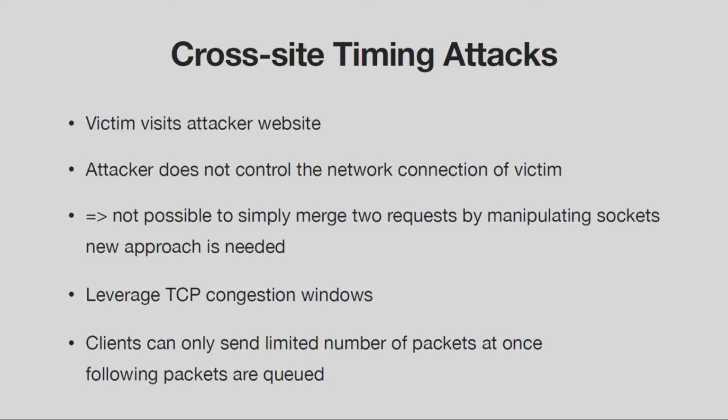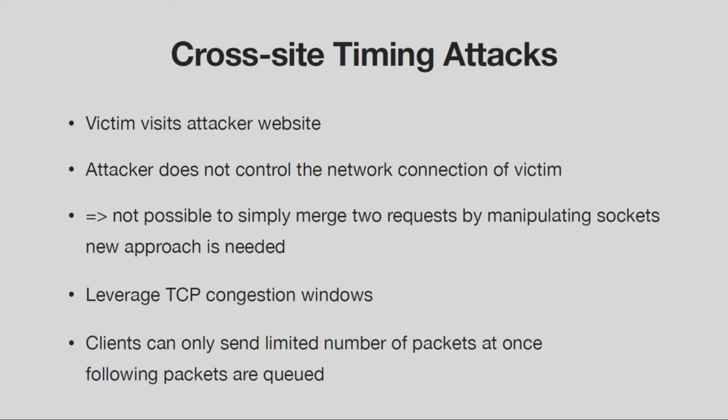So this means that it's not possible to just merge two requests by manipulating the sockets, or by sending raw requests. We always need to send a request through the browser, and that's why we need a new approach.